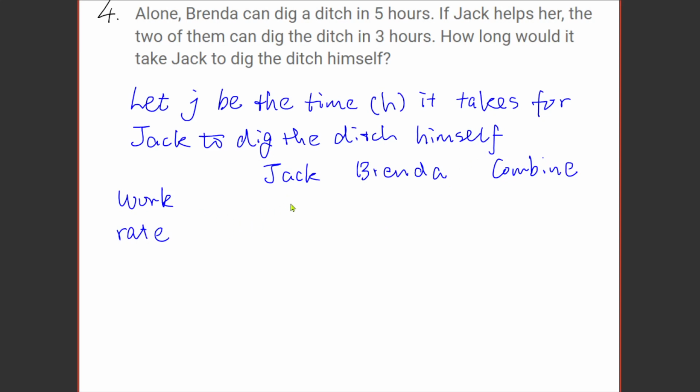So we know the work rate of Jack is 1 over J, and Brenda has a work rate of 1 over 5 because it says Brenda can dig a ditch in 5 hours alone, right? And their combined work rate is 1 over 3 because the question tells us that if two of them work together, they could dig the ditch in 3 hours.